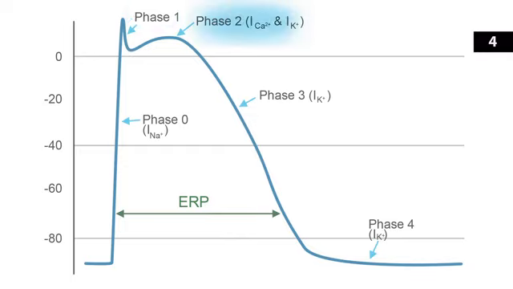And then you have phase 2, which is that plateau phase. What was that due to? Voltage-gated calcium channels. Phase 3 is the repolarization due to opening of slow potassium channels. And then phase 4 is your baseline membrane potential, which is mainly due to just potassium permeability.